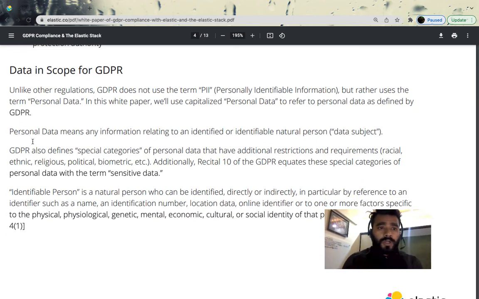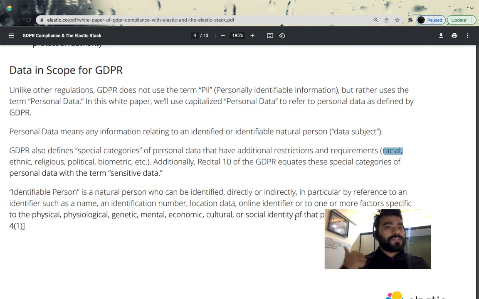So what's in scope? Any personal data collected by a company falls under GDPR. This personal data could be anything, not only a name or email address, but also racial, ethnic, religious, political or biometric information. These are called identifiable persons, a person who can be identified directly or indirectly, particularly by reference to an identifier: not only names and location data, but also genetic, mental, economic, cultural, and societal identity as well.